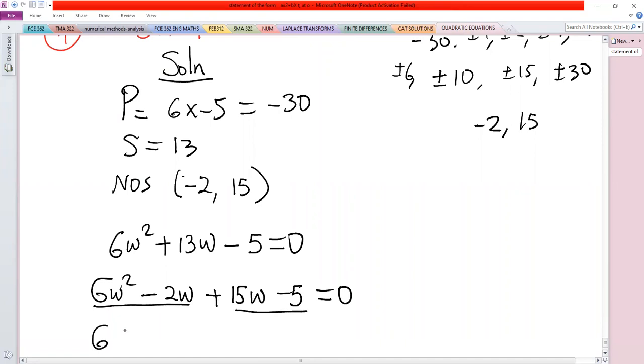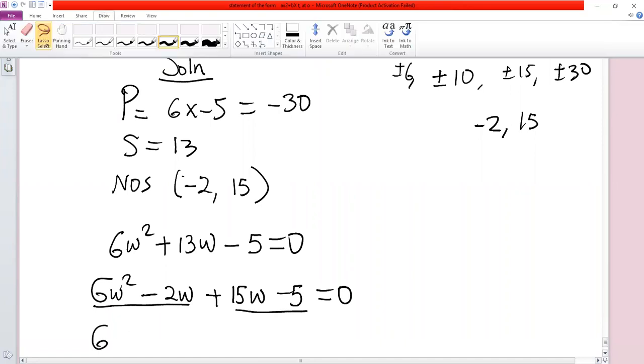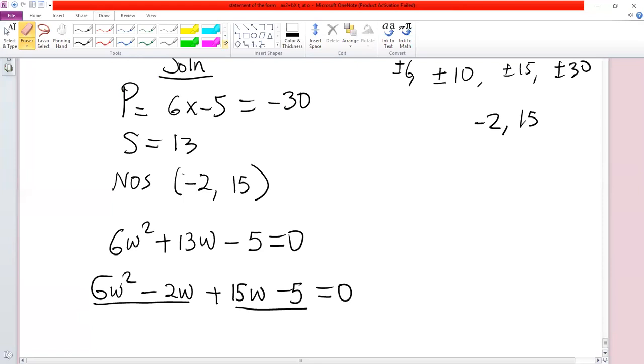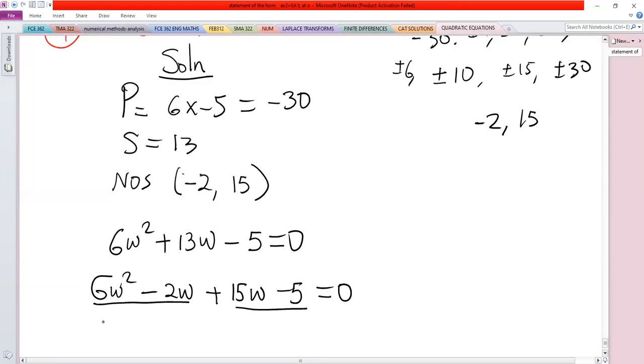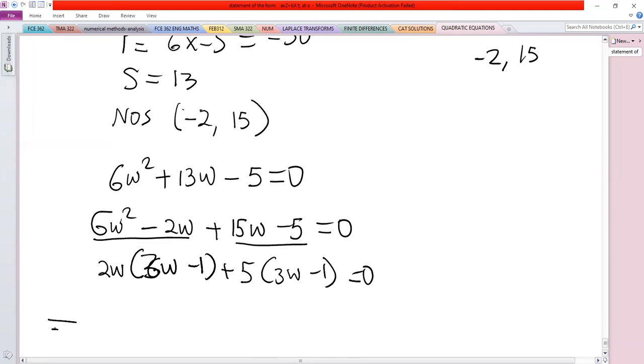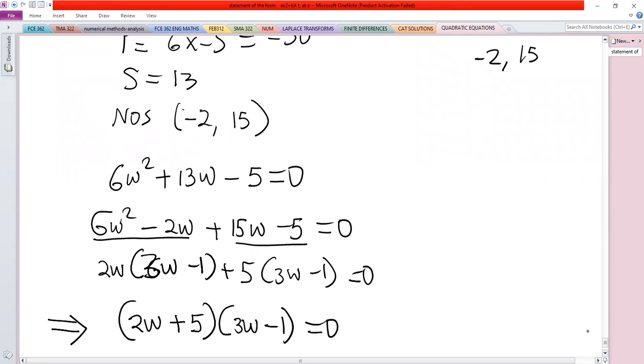So 6w squared minus 2w, common is 2w: 2w into 3w minus 1 plus 5 into 3w minus 1. So which means we'll have 2w plus 5 times 3w minus 1 equals 0.